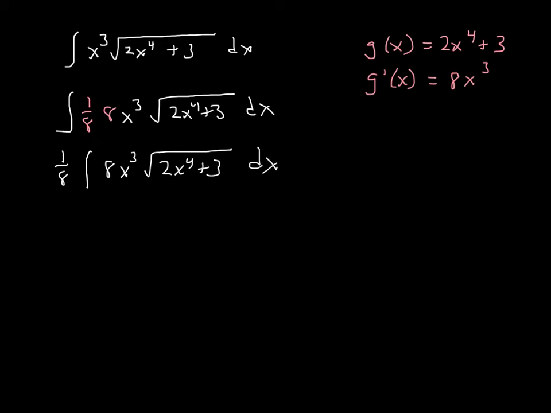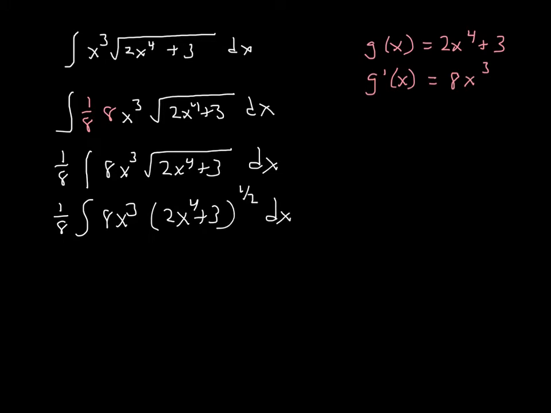Now, at this point, we recognize that pattern that we had. I look at this one, and I notice my outside function is really the square root, which I can think of as 1/8 times the integral of 8x cubed times (2x to the 4th plus 3) to the 1/2 power dx.